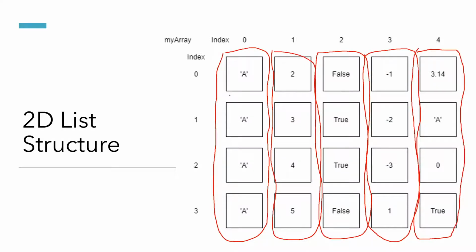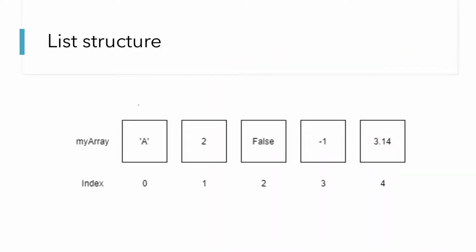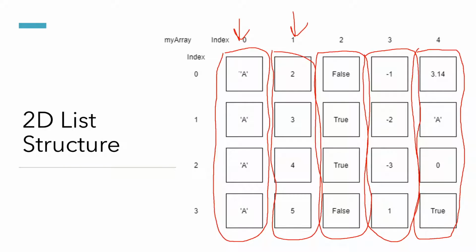And then within those lists, there are even more indices. So this is going to be index 0, 1, 2, 3 for this list, and this is going to be index 0, 1, 2, 3 for this list, and so on and so forth. It's not really that different from the previous slide. We still have an initial list with index 0, 1, 2, 3, 4, but now we have a list within that value.